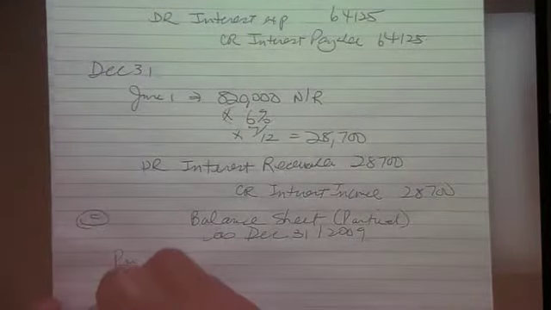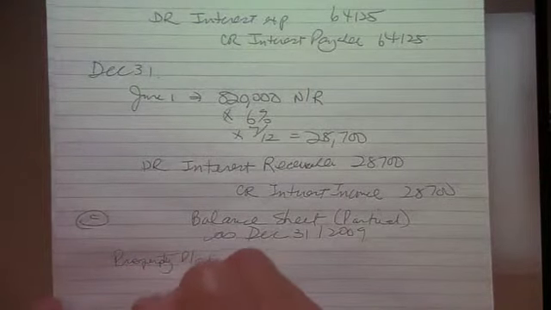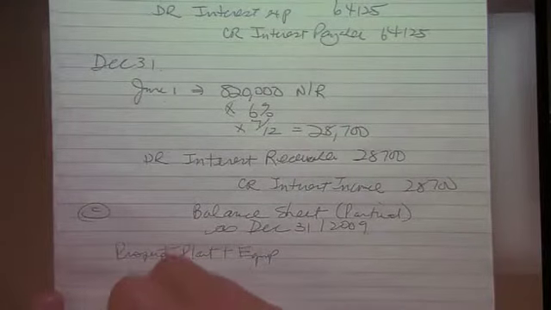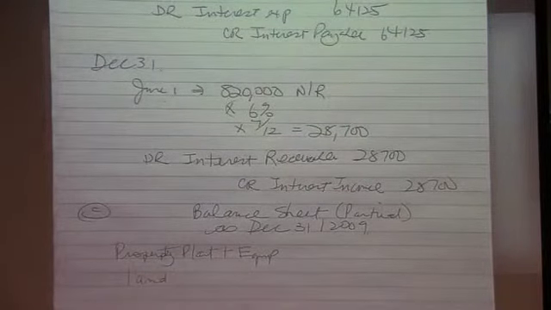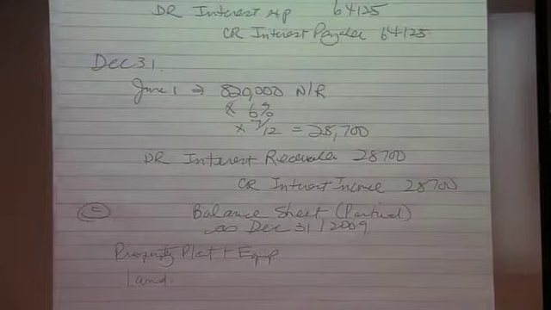Under property, plant, and equipment, we'll have land, and the land value would have been the $4 million plus the land that was purchased on April 1st of $1.9 million.